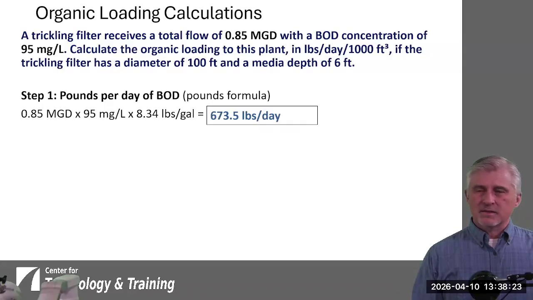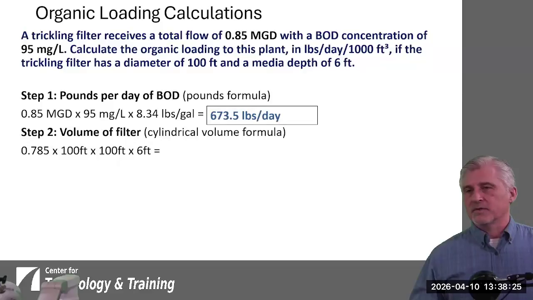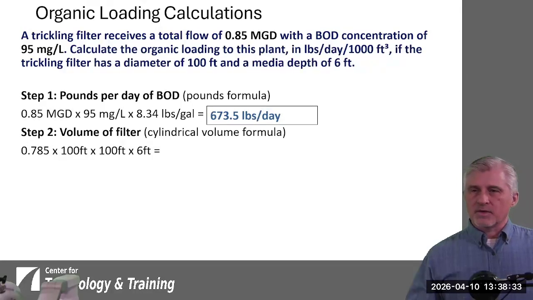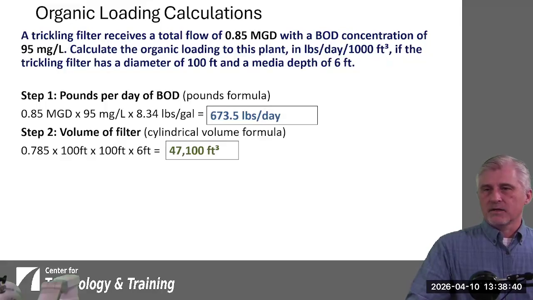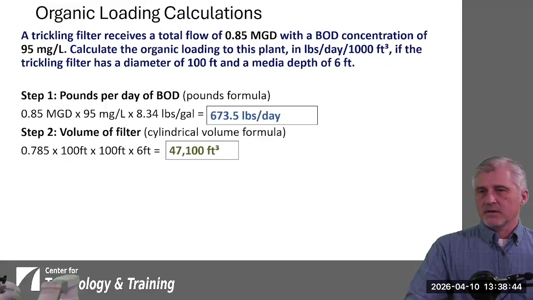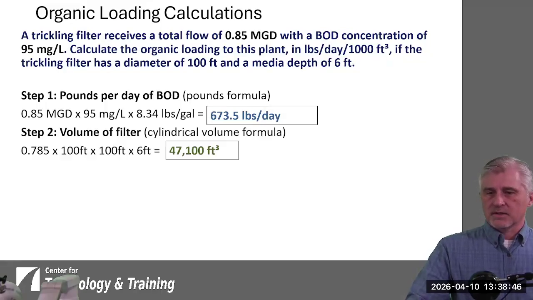If you remember back to the formula for the volume of a cylinder, it's 0.785 times the diameter squared times the height, or the depth, which is 6 feet. So we do that calculation, and we'll find that we have 47,100 cubic feet of filter for this BOD to go through.